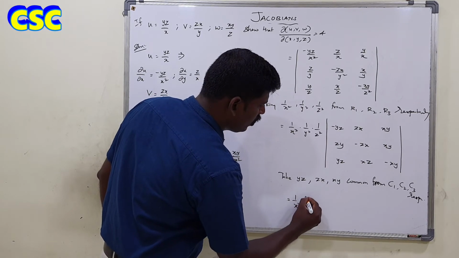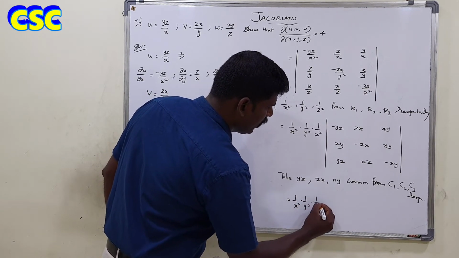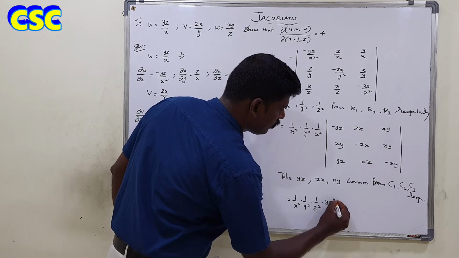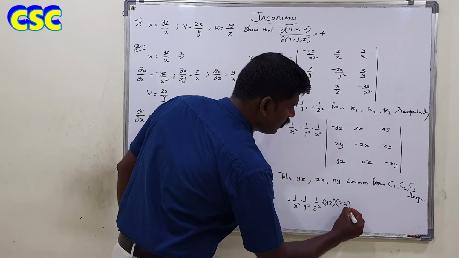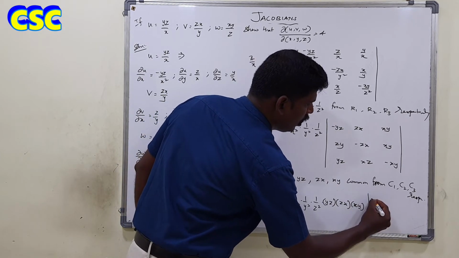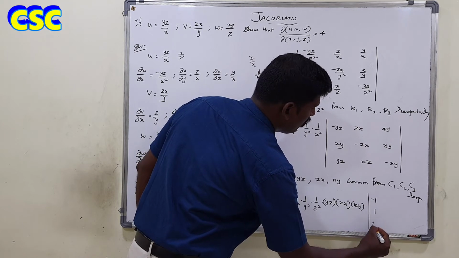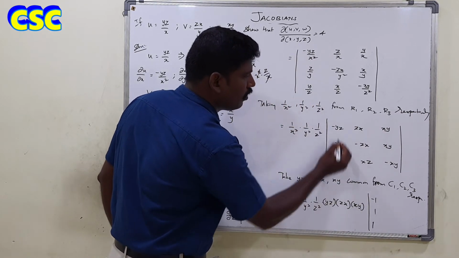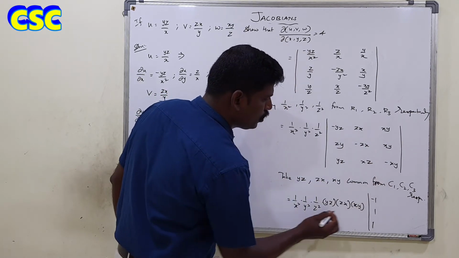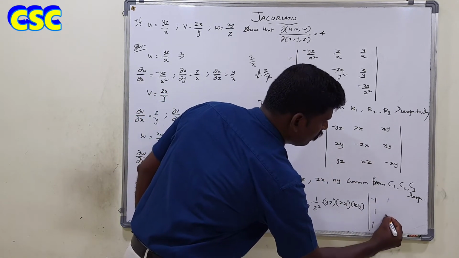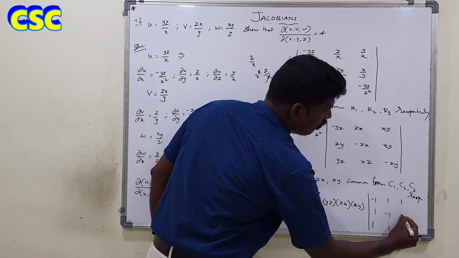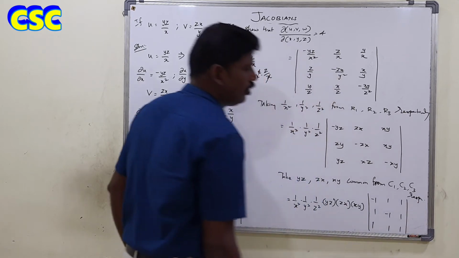Already 1 by x square into 1 by y square into 1 by z square is common, into yz into zx into xy. So what is the remaining from the first column after taking yz as common from C1? You will get minus 1, 1, 1. After zx taken from C2, it becomes 1, minus 1, 1. After xy is taken from C3, you will get this determinant.